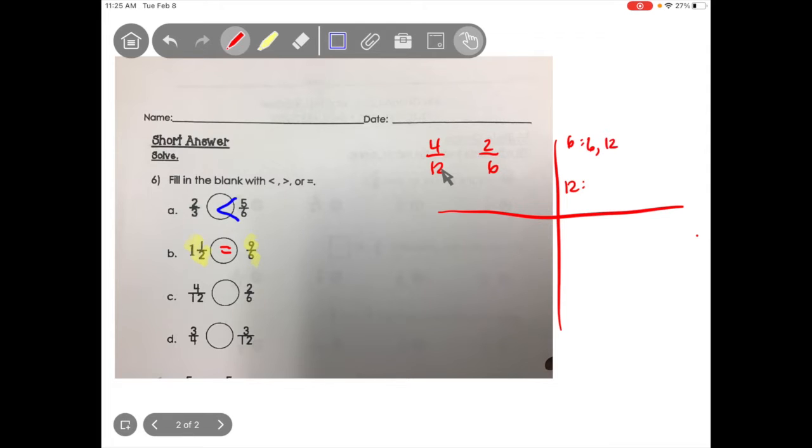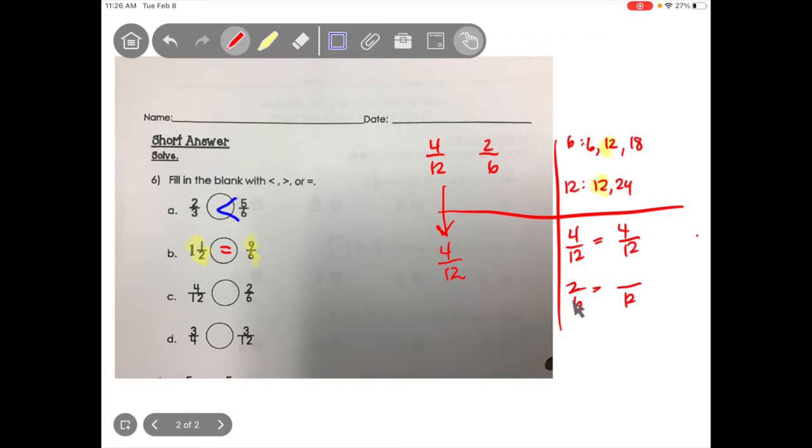So we list the multiples until we find the lowest one they have in common, which happens to be 12. And now we can make equivalent fractions. 4/12 and 2/6 both need a denominator of 12. Not much we need to do with 4/12. It's already built in twelfths.